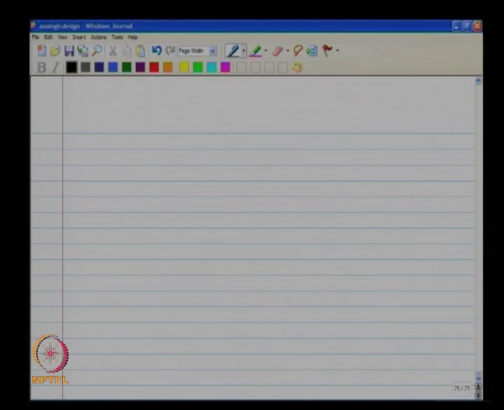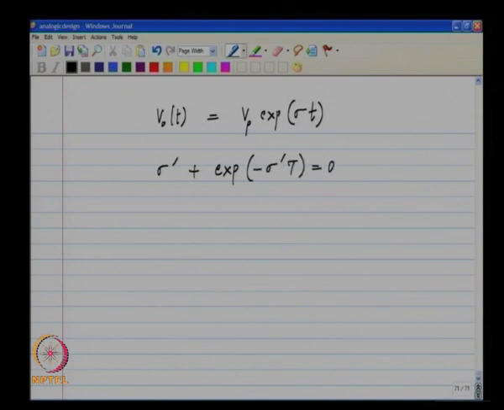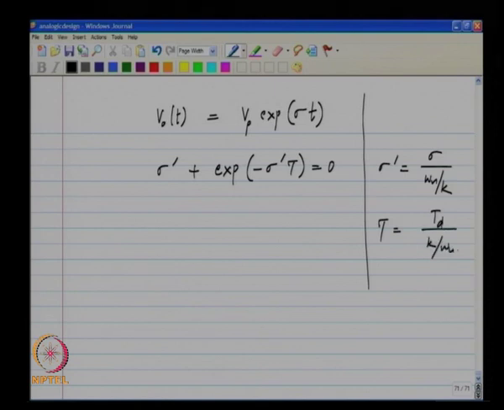To obtain the solution to this, we assume that V naught of t is of the form Vp exponential sigma t, and while solving this we get the nonlinear equation sigma prime exponential of minus sigma prime tau equals 0, where sigma prime is the normalized sigma, normalized to omega u by k, and tau is the normalized delay, Td normalized to the time constant k by omega u.